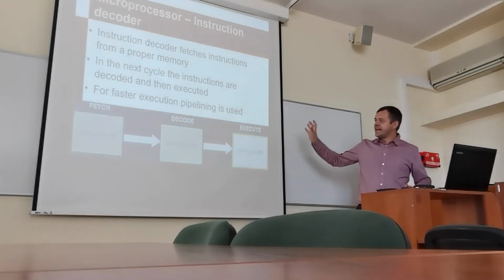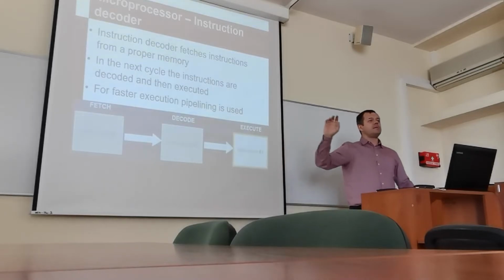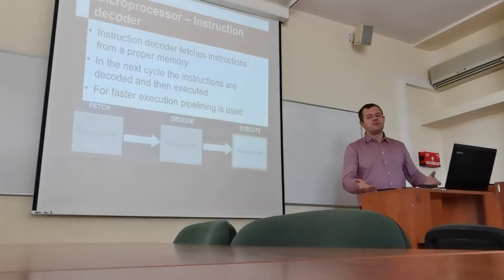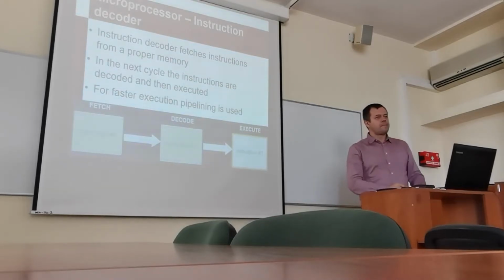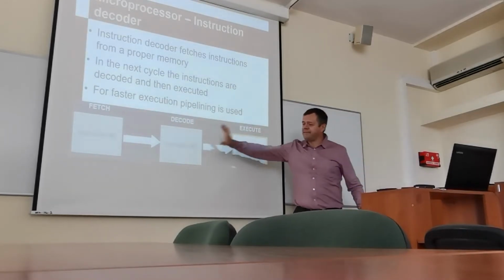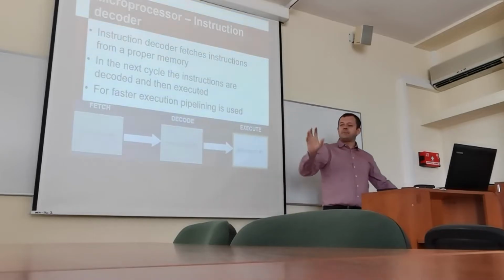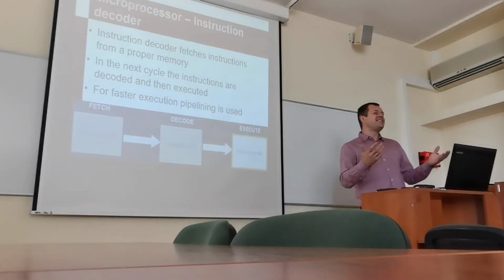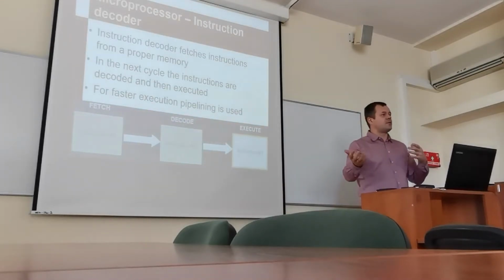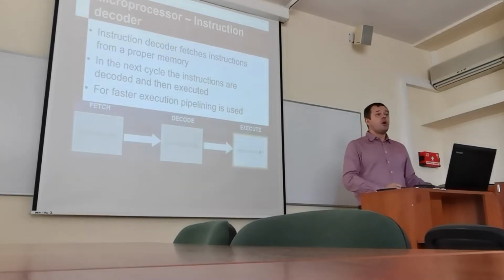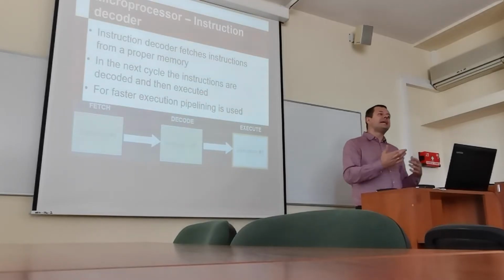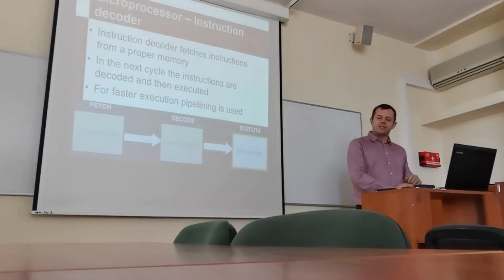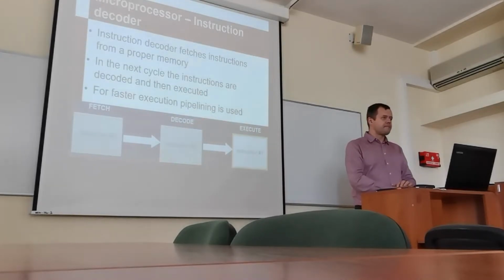Some microprocessors have a decode part which is able to decode just very, very simple instructions like add, like move, like load, like store. And some microprocessors have an instruction decoder which is able to make, for example, automatic copying of certain elements of the memory, or make a multiply and accumulation of parts of the memory, not even of one cell or one register, but of parts of memory.